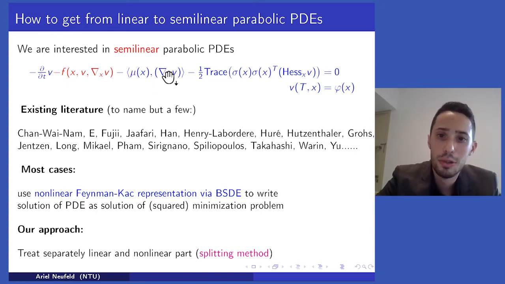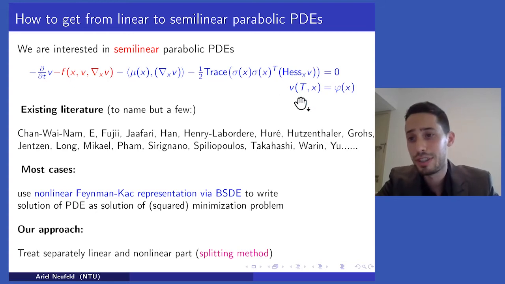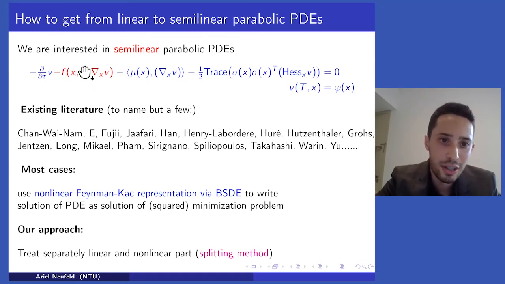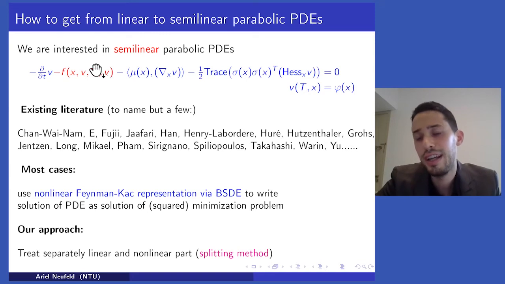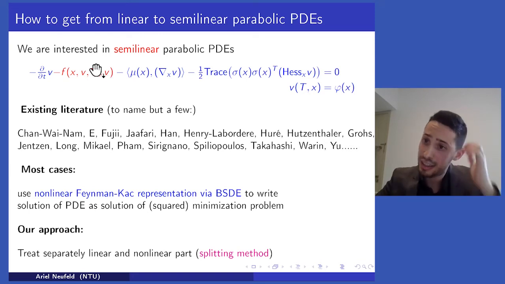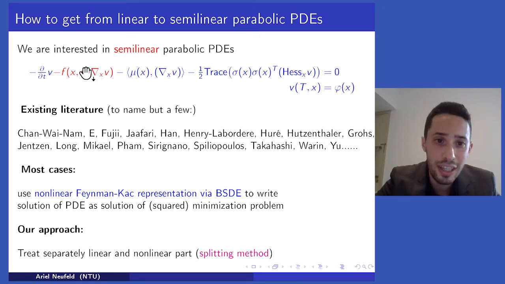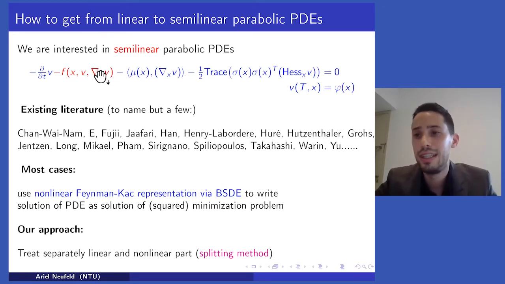You see the blue term is exactly the same as we have seen before, but now we have an additional term f, which might be a nonlinear function of the solution and of the gradient. You might also want to add a nonlinearity in the Hessian, but for simplicity we just assume nonlinearity in V and in the gradient, so that the PDE becomes nonlinear, more precisely semi-linear.